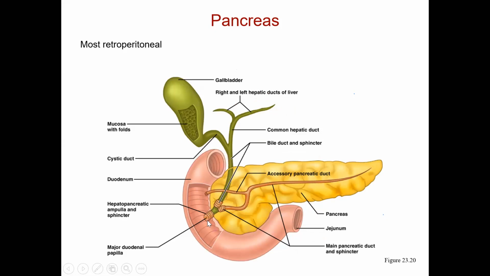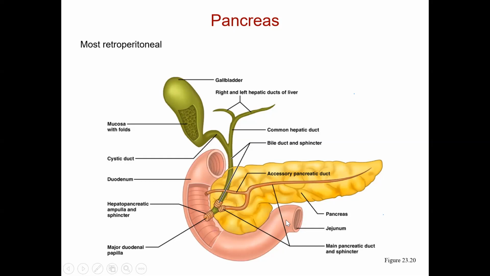The duodenum is not very long, about the length of ten fingers lined up. Once it makes a very sharp, almost 90-degree turn right here, this is the starting point of the jejunum, the second part of the small intestine.